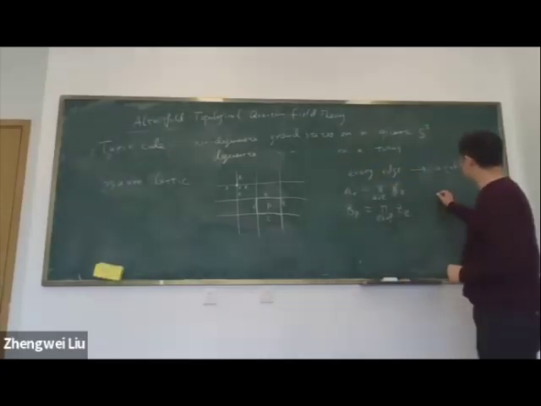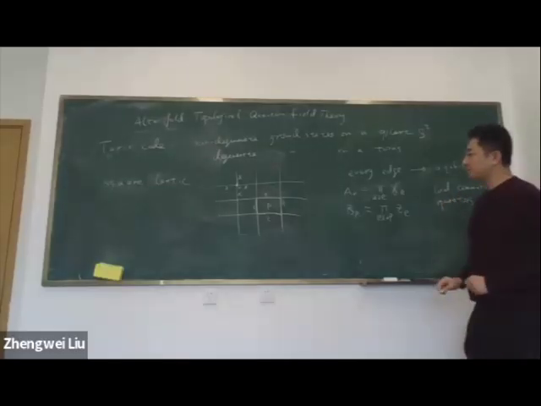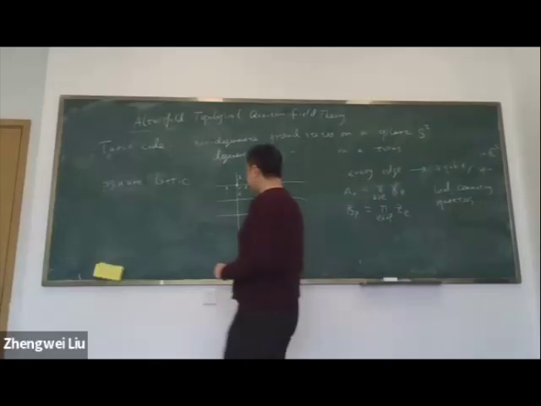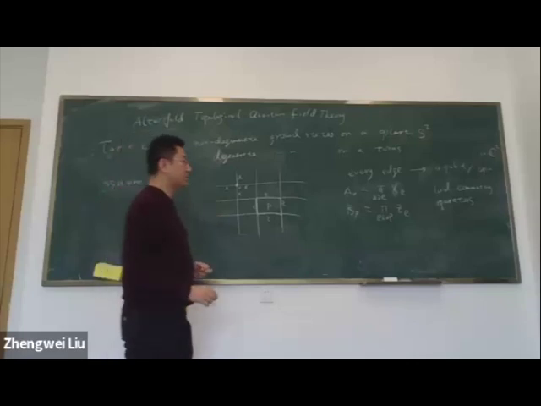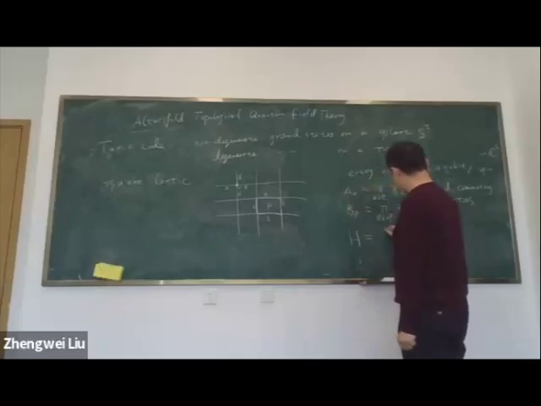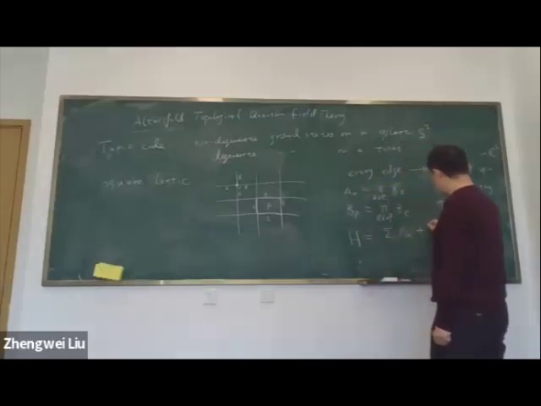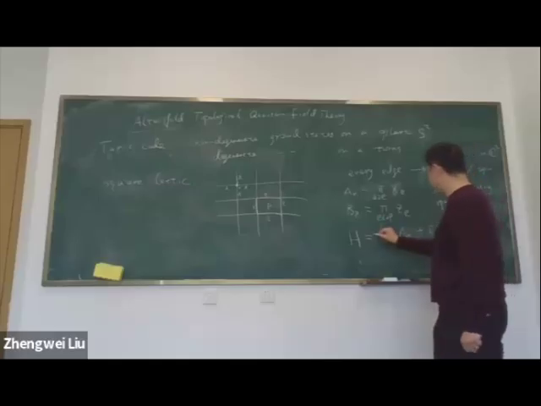Those are the local commuting operators. What makes it more interesting is the following. We can look at the common eigenvector with eigenvalue 1. In other words, we can take the Hamiltonian, the sum over all plaquette operators and all vertex operators, and take the minus sign.